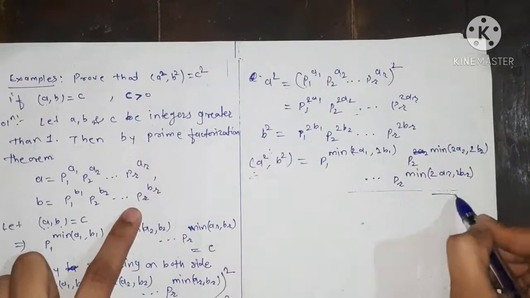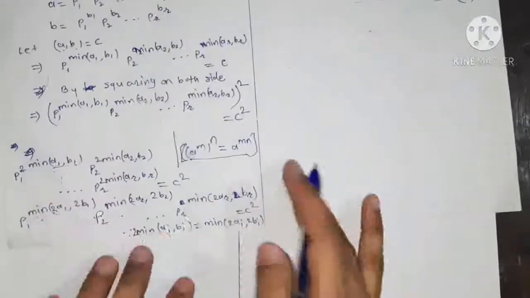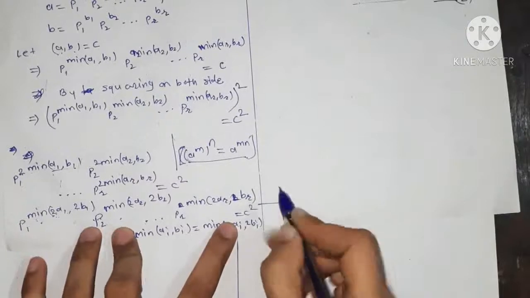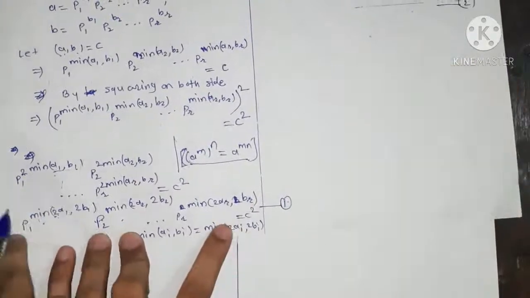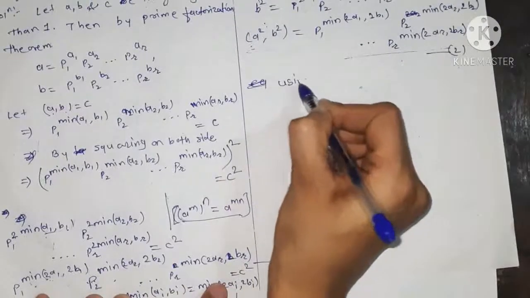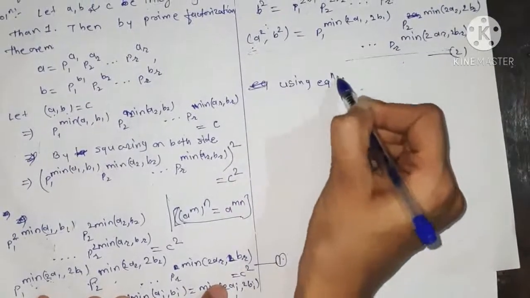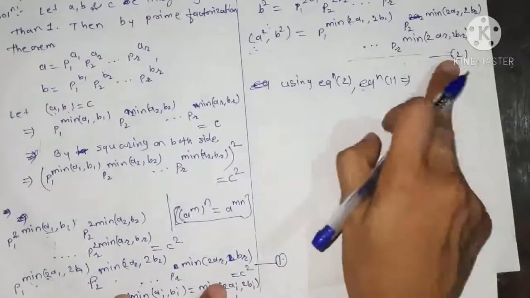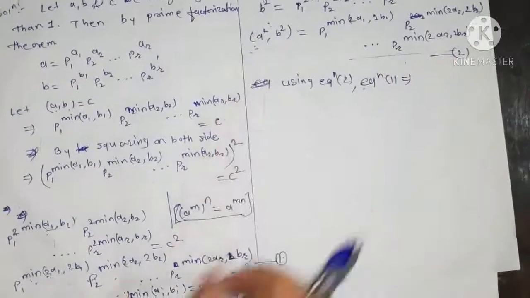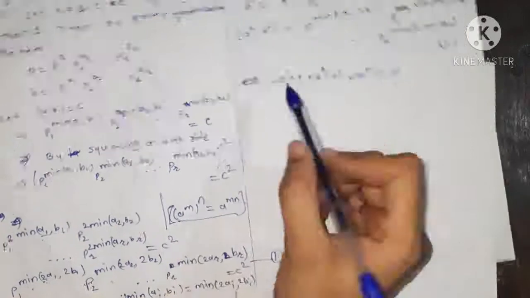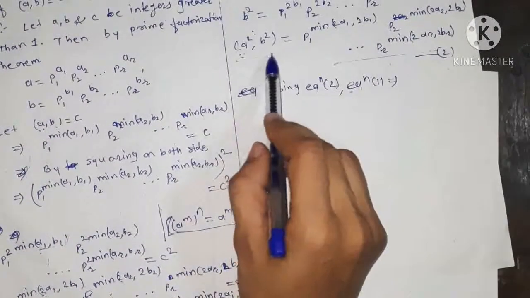So we give this as equation number 2, and we give this as equation number 1. So using equation 2, equation 1 implies, from equation 2 we have this term, that is p1 to the power minimum of twice a1 comma twice b1, this term is equal to the GCD of a square comma b square.